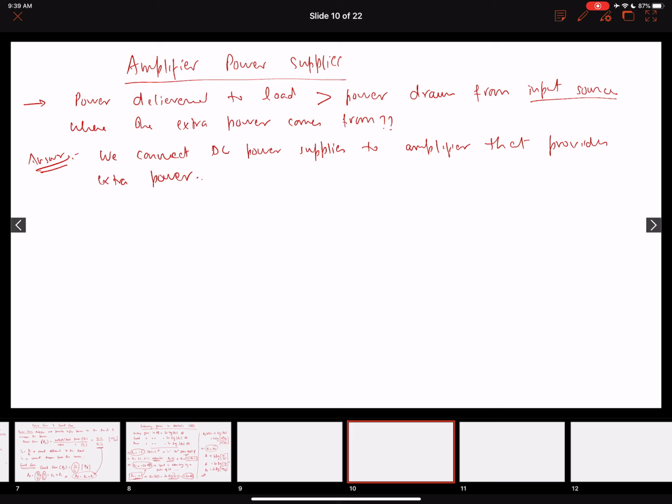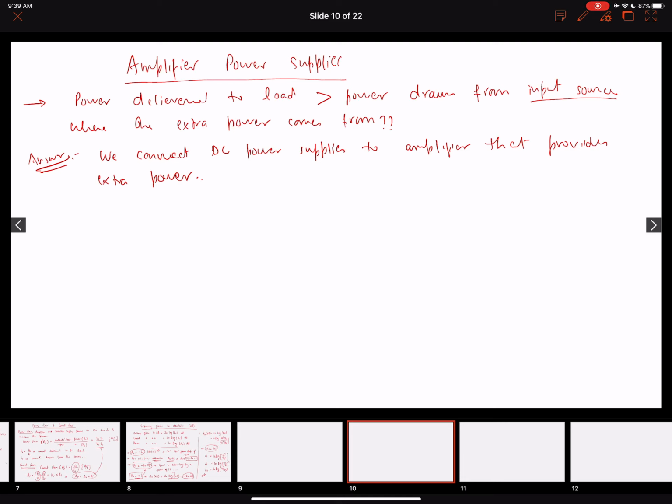For example, in your speakers, you have to hook them to the AC mains in order to operate them. For those speakers to amplify the signal, they need power from somewhere. So our speakers have built-in power supplies in the units, where we can connect them to the AC mains, and they convert the AC to a DC signal.